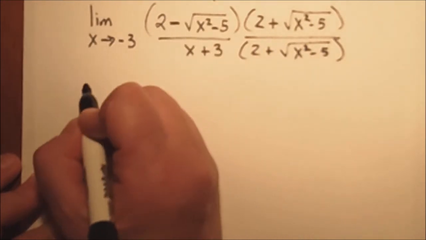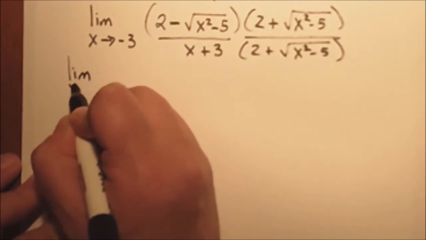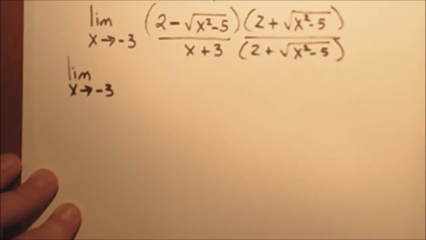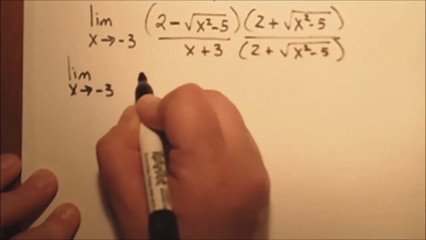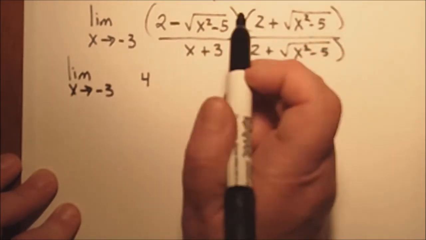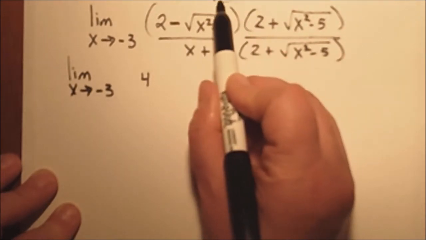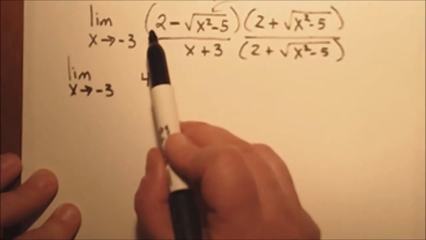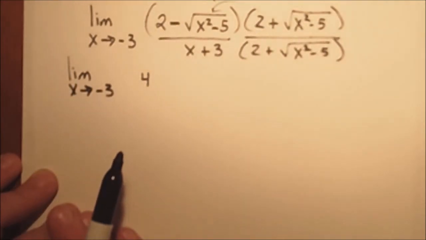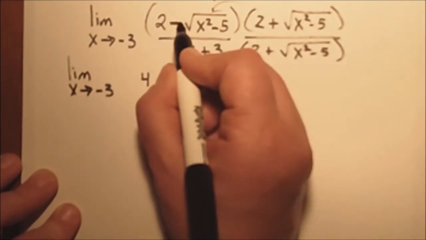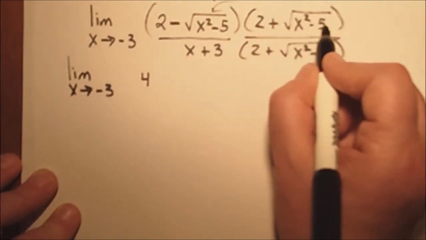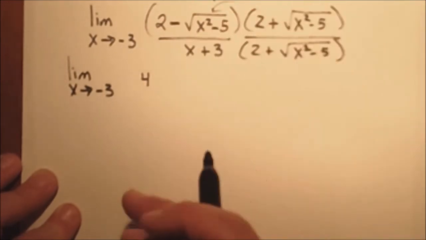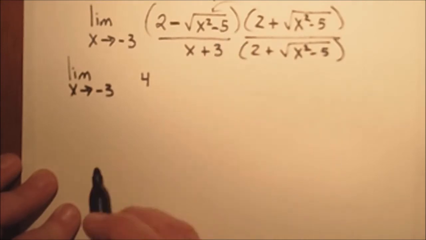And multiply that out. And there's a very, very common mistake that students will make here. So when I FOIL, my first gives me 4. Inside, outside, that's the whole beauty of the conjugate. This plus this, one's positive, one's negative, that will give you 0. The inside, outside would always give you 0. And then last, I multiply radical x squared minus 5 by radical x squared minus 5, which just leaves me with x squared minus 5.